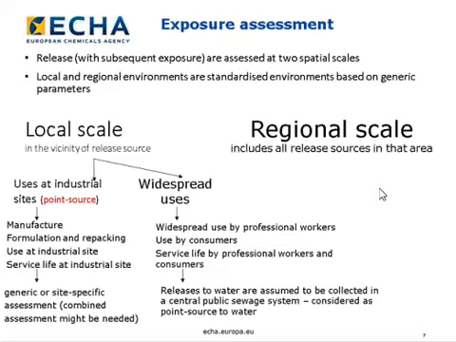For local scale and industrial sites, in principle, there is a generic possibility of assessment, which is also available in EUSES, or it could be a site-specific assessment. If more information is available, quite a number of values can still be overwritten.